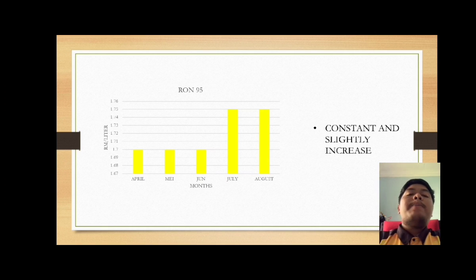Next, I want to explain about the graph bar in April, May, June, July and August. From April to June, we can see the graph bar is constant because the total is Ringgit 70.